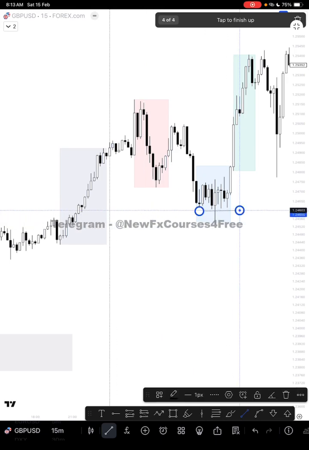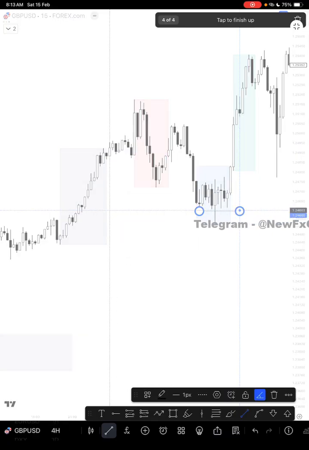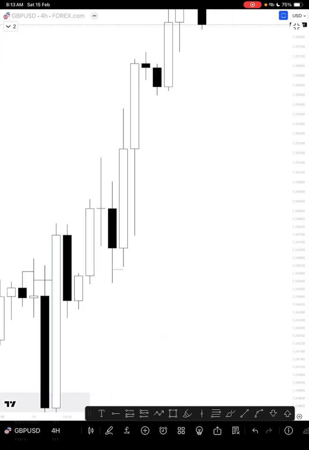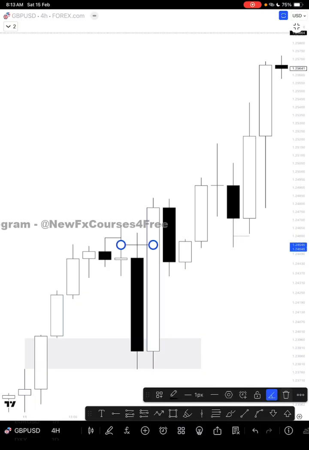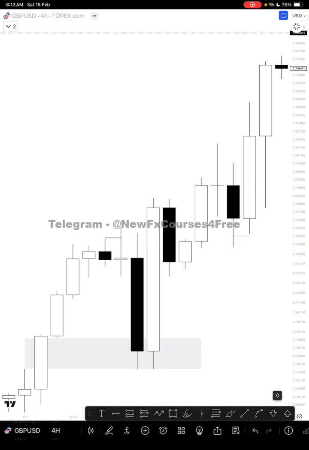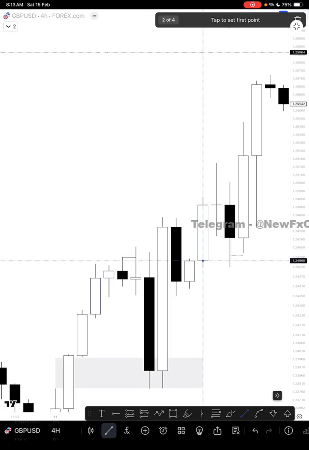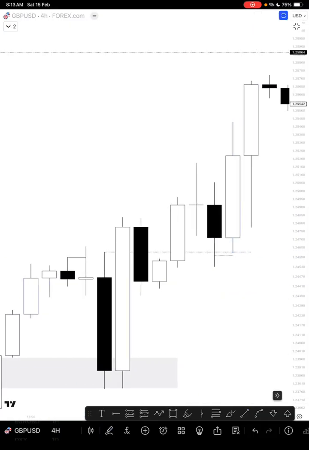So here, let's incorporate this with a higher time frame. So here we are. This order block over here. Why did I actually choose this order block and not this one?